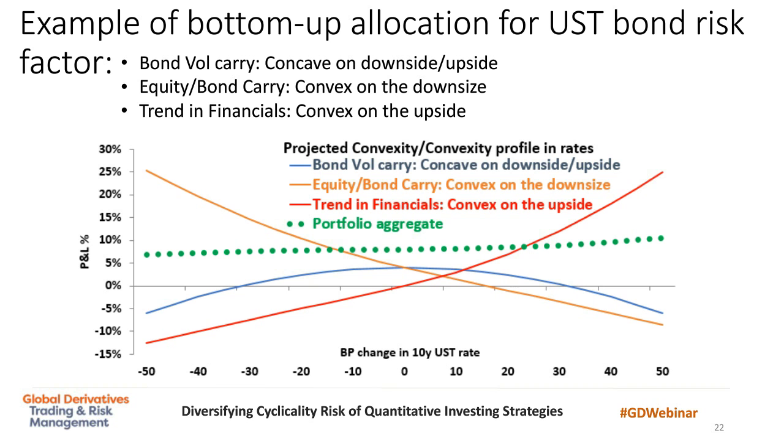This blue line is a concave profile, right? I always lose when rates go up or down too much. On top of that, I have a dividend and rates carry, and rates carry obviously benefits if rates go down. So I also have a convex profile in the downside scenario, while obviously I will be exposed if rates go up.